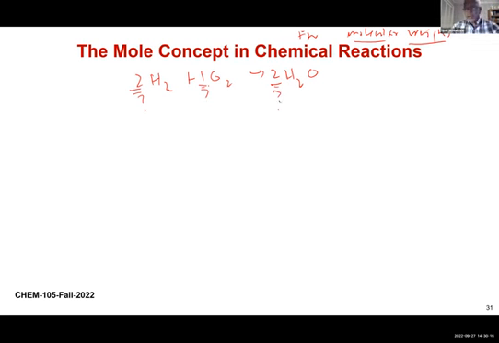They represent atoms, molecules, or ions. This is a molecule. This is a molecule. Sometimes it could be sodium ion or whatever.